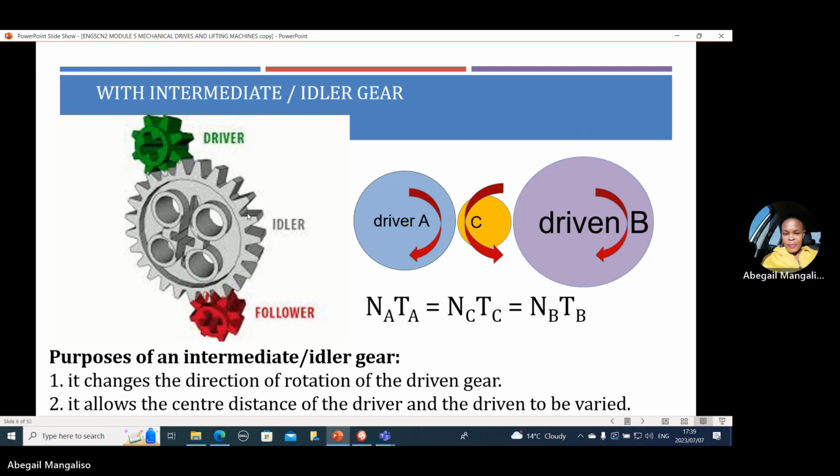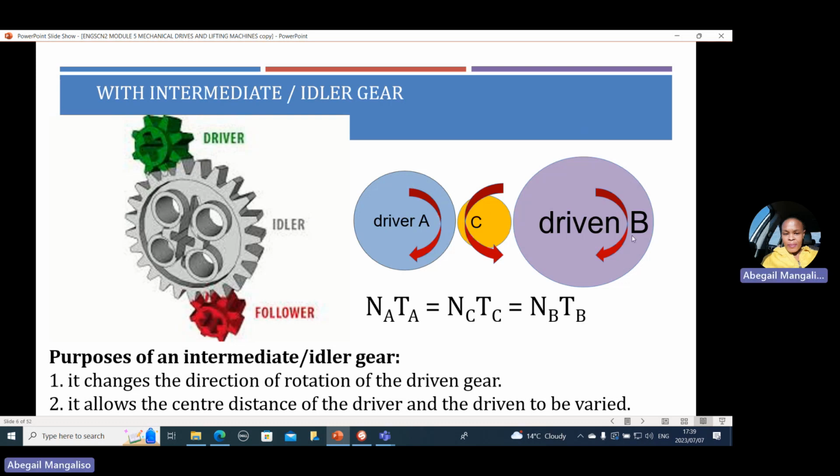The purpose of this idler gear, or the intermediate, is that it changes the direction of the driven gear. Without this gear C, A and B will rotate in opposite directions.